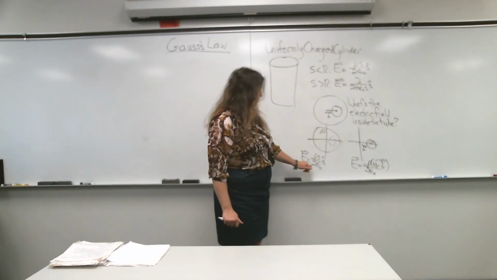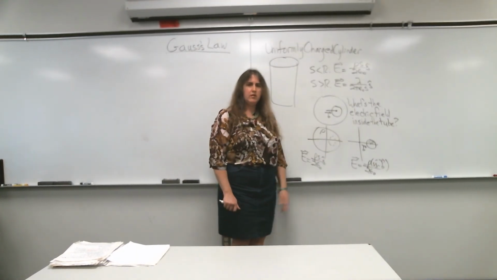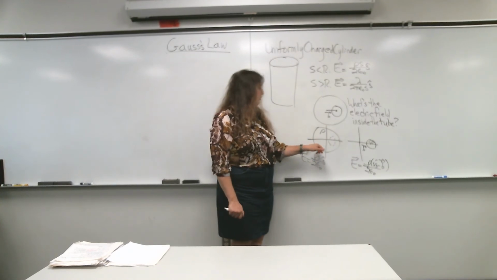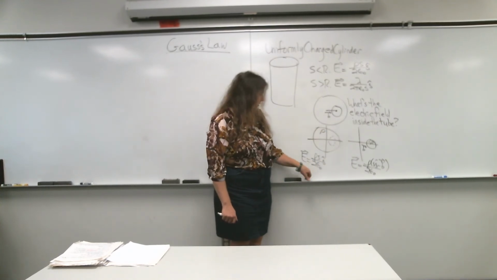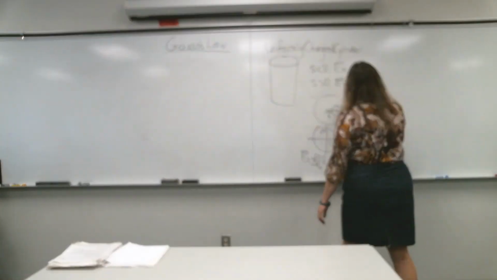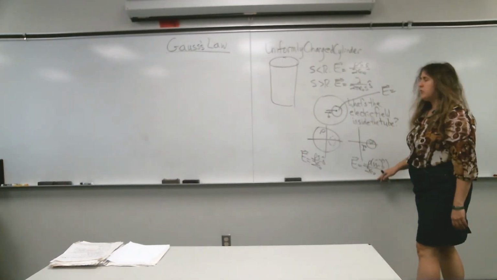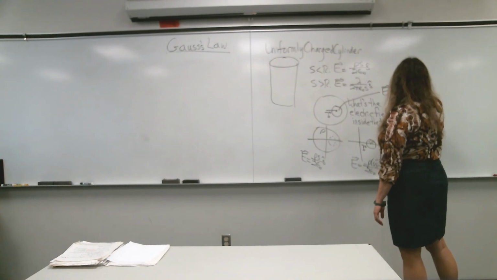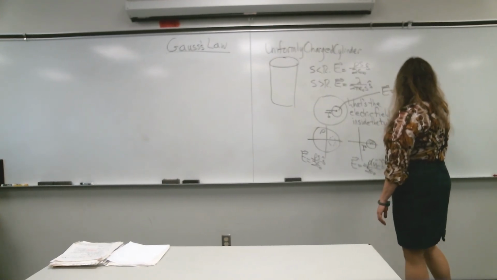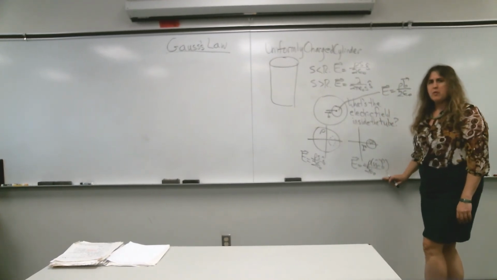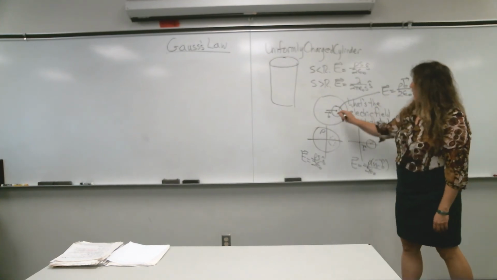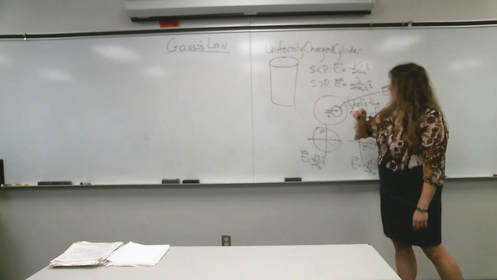And then my solution will be when I add up the electric fields due to each of these configurations. So if I add this to this, I'll see that my electric field is just equal to rho b over 2 epsilon naught, where b is the distance from the center of this cylinder to the center of this one.